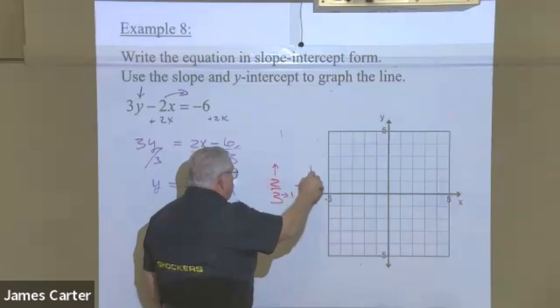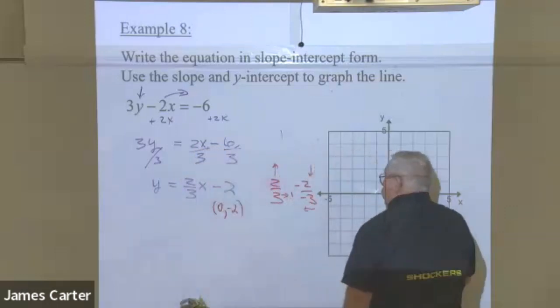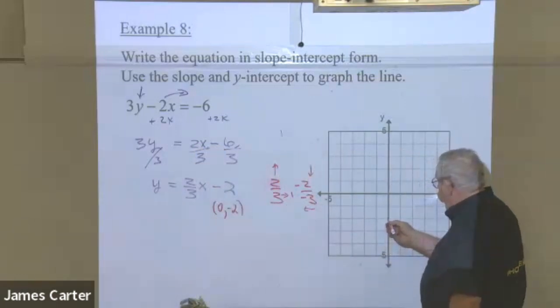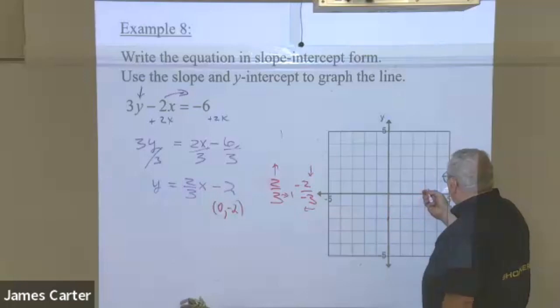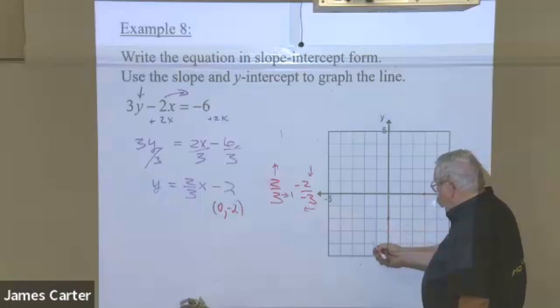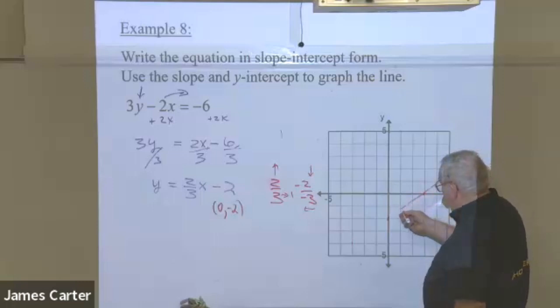This, of course, goes down, left. But starting at that -2 again, right here, I go up 2, right 3. About there, down 2, left 3. And my line.